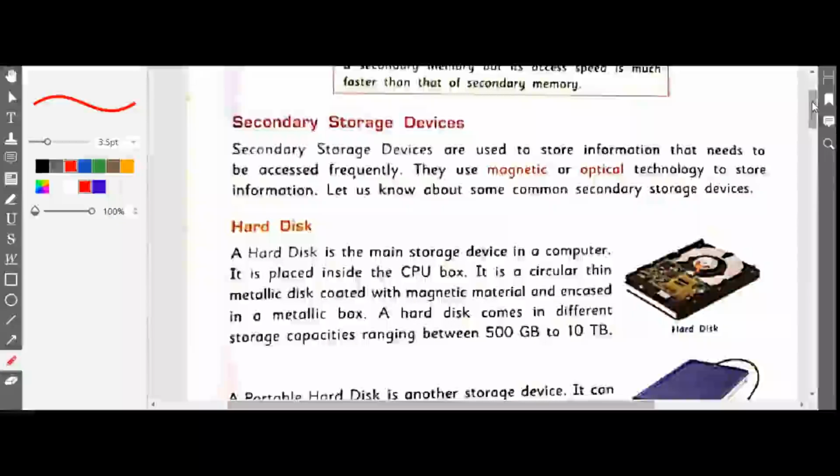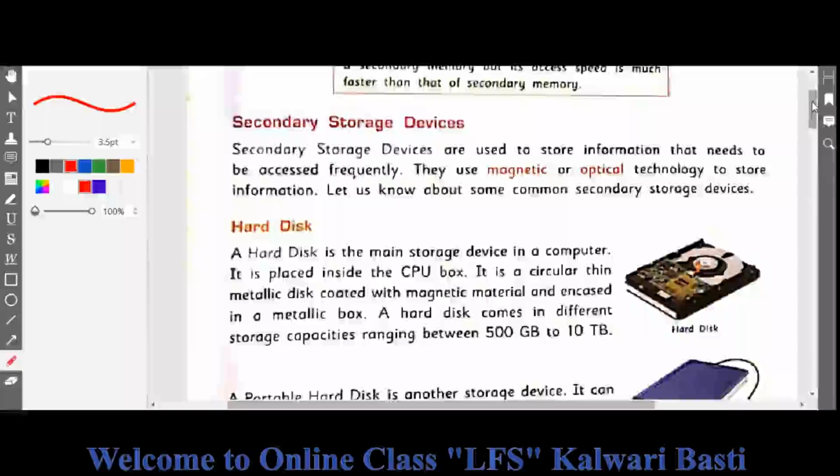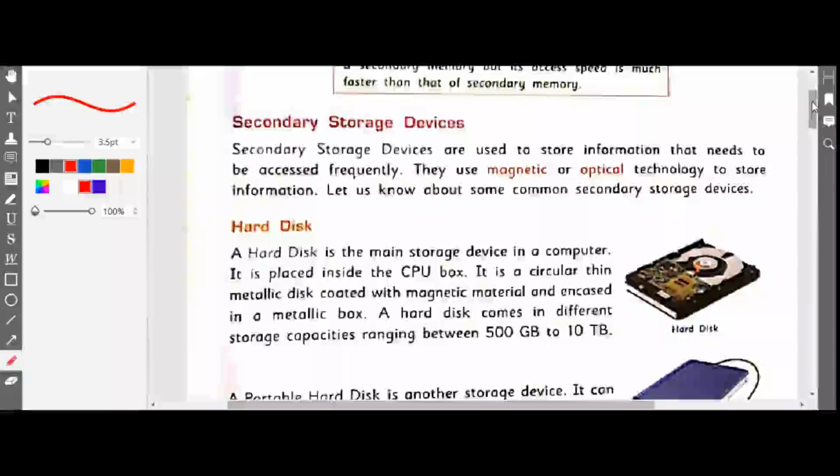It is a circular thin metallic disk coated with magnetic material, encased in a metallic box. Internally it has circular plates, and each plate is further divided into sectors. On sectors our data is stored.